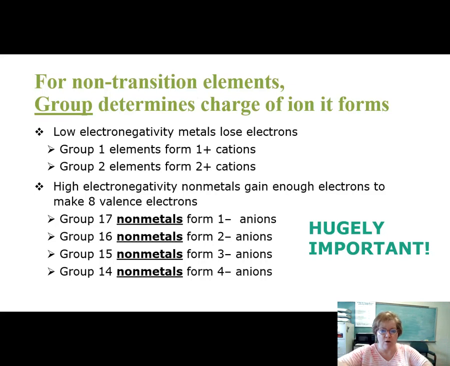Things below the staircase in groups 14, 15, 16 will not form anions. They're metals, so they'll form cations. So I'm only talking about the nonmetals. This becomes very important. You need to memorize this and be able to predict the charge of an ion for a main group element based off of where it sits in the periodic table.